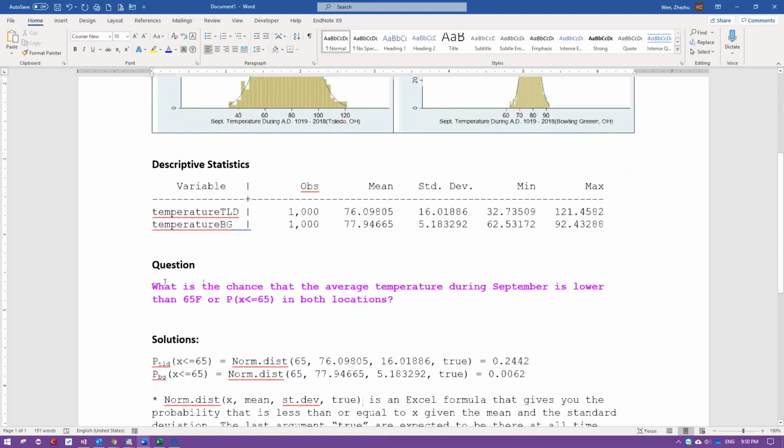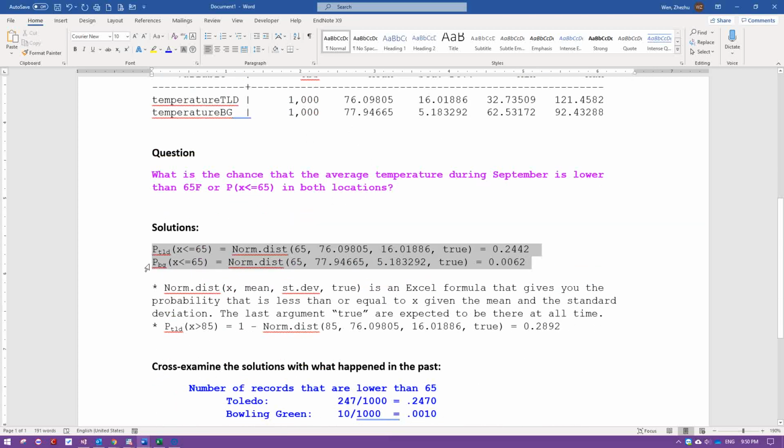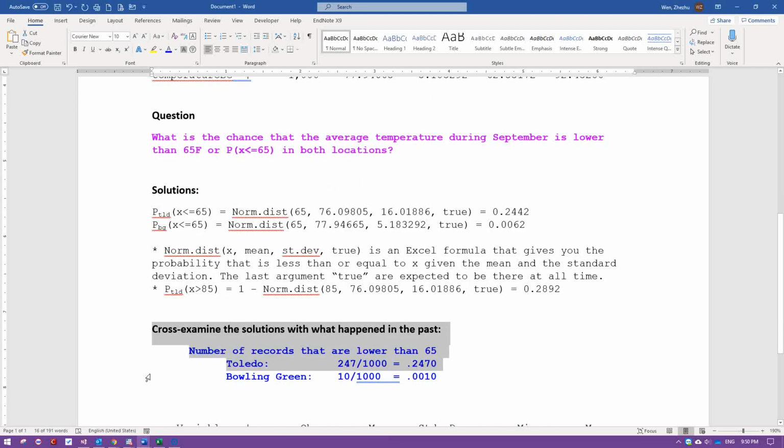And the question we will ask is the chance of the average temperature during September is lower than 65 Fahrenheit in both locations, which we got the solution here. We confirmed with the record, and the record says that this result seems to be plausible.